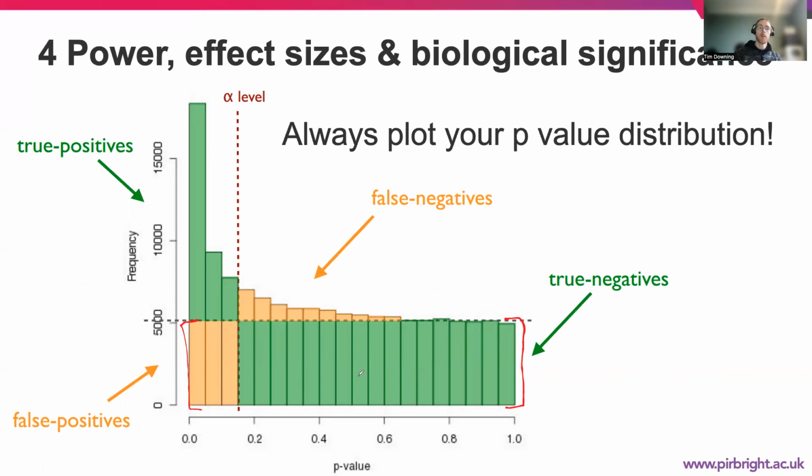So if we have no effect and we choose some alpha level of 0.15, and we do 100 tests, we'll get 15 that are false positives, and that corresponds to this yellow area here. Equally, we also have the 85 that are true negatives.